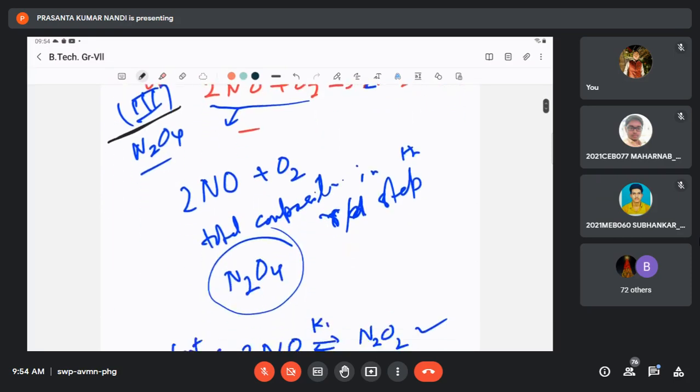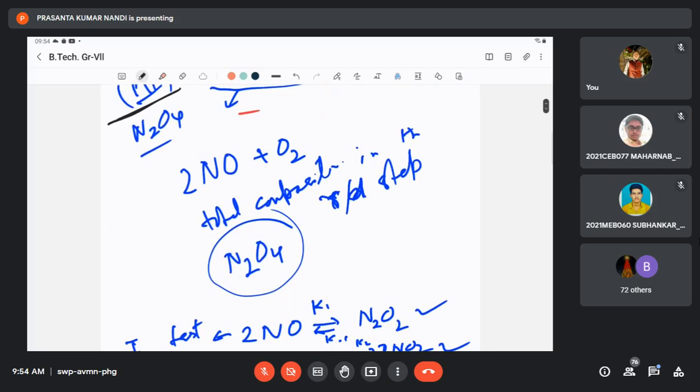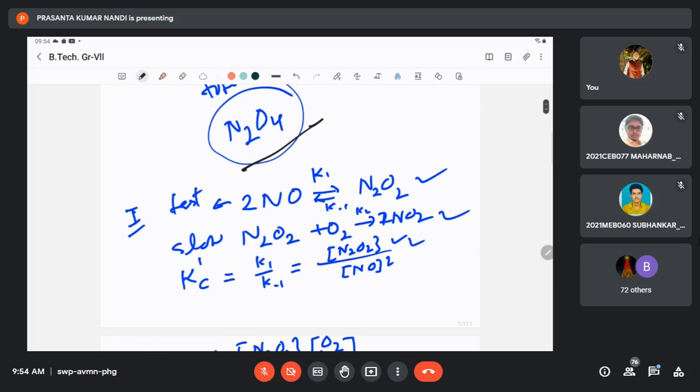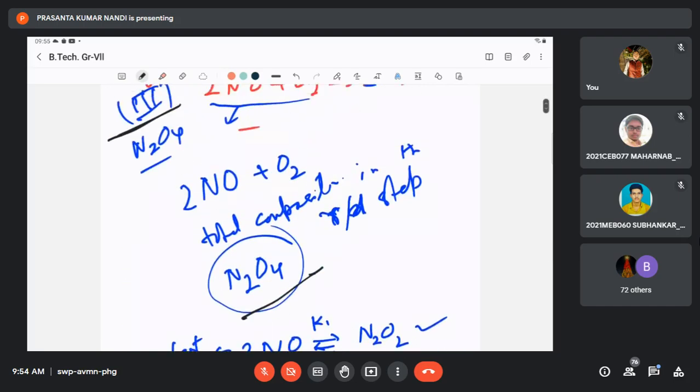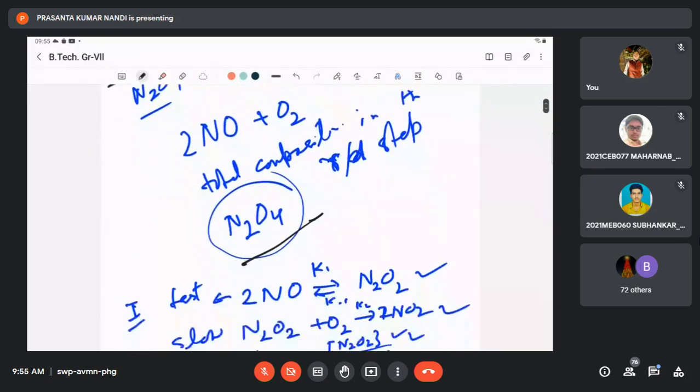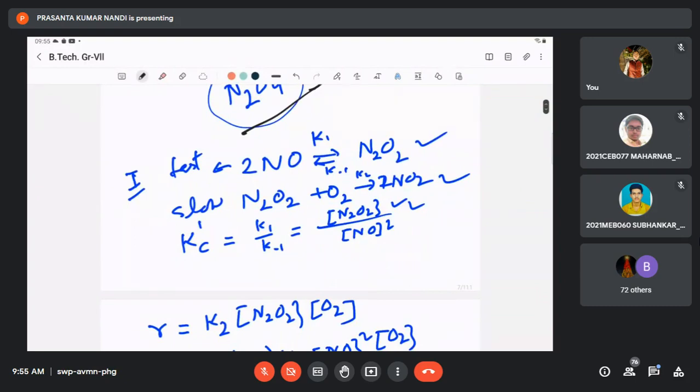So in all cases, the total composition in the RD step is given by N2O4. Now say we are considering case 1, the two-step reaction. First is formation of N2O2, followed by the slower step, N2O2 plus O2 to this. This is a very simple illustration.